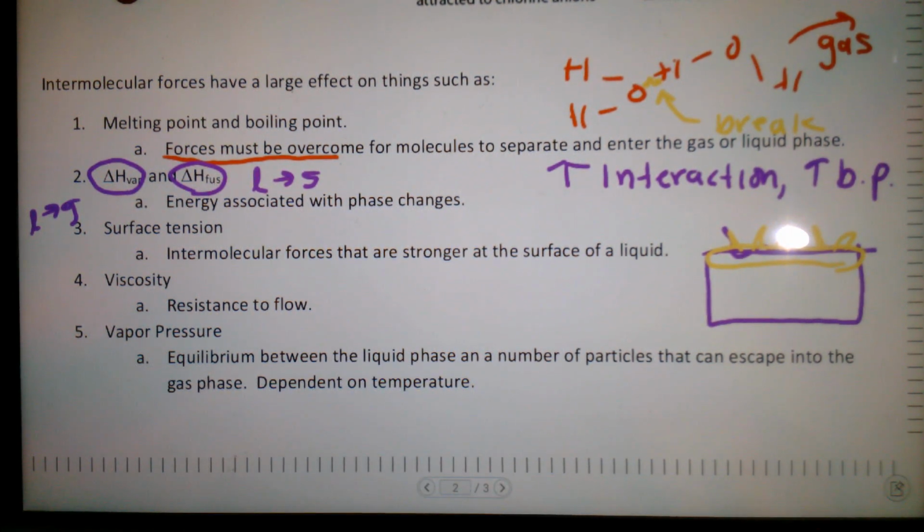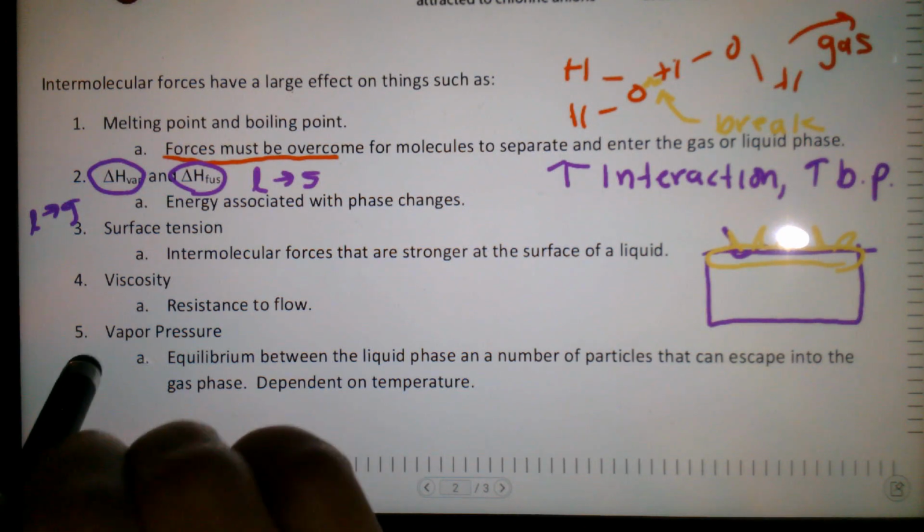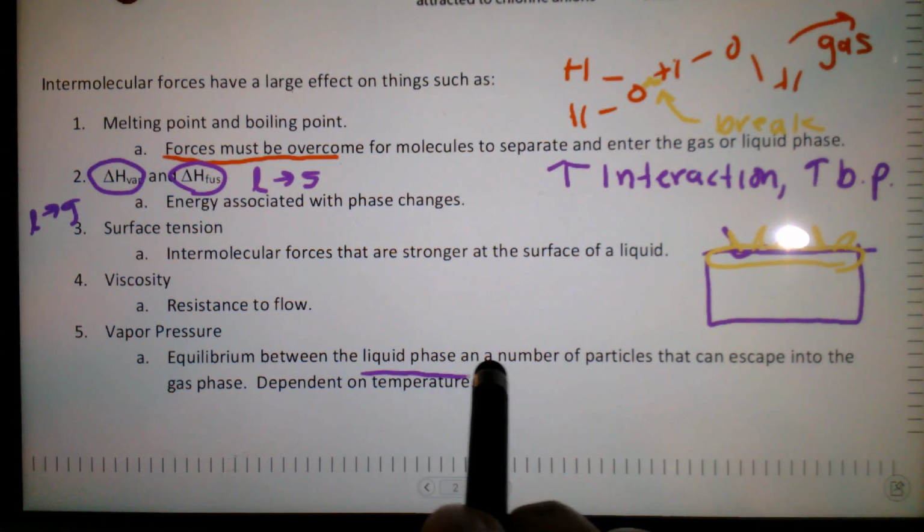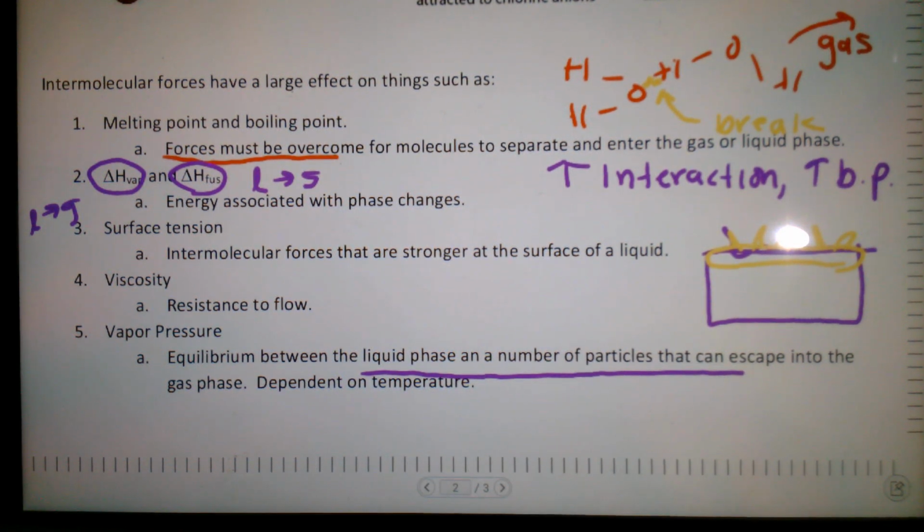Okay, vapor pressure, we will talk about this one. So vapor pressure is how many of your particles can escape into the gas phase at a given temperature, so the equilibrium between the liquid phase and the number of particles that can escape into the gas phase. And this is dependent on temperature.